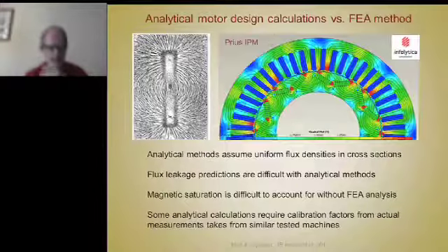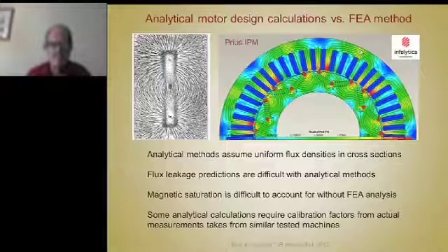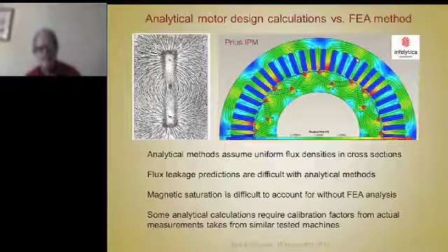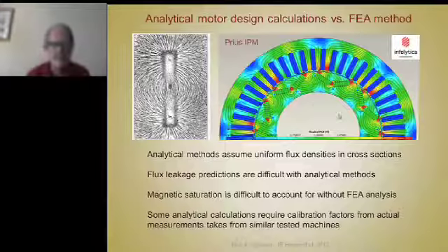And what is a finite element? Remember I told you I take this cross section, that dimension times the depth into the paper or the board or the screen, and that's my area, and I calculate the average flux density in that area. What finite element does is break all these areas up into finer little cross sections, little triangular cross sections, and calculate the flux density in each one of those, and then knit them all together to get a flux distribution throughout the whole cross section.